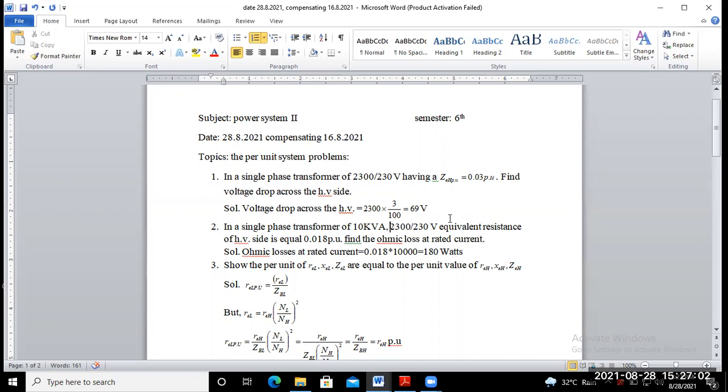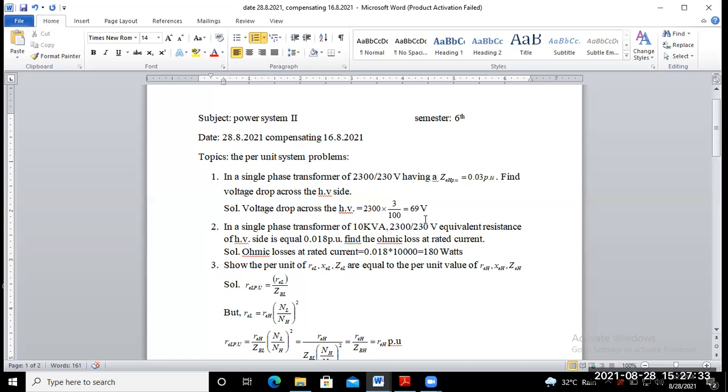When the per unit impedance value is given, you get the voltage drop of that side, and when the resistance is provided in per unit, that resistance multiplied with the power rating of the transformer will provide the ohmic loss at the rated current. These two points are very important. You may find some direct objective problems based on these two concepts.